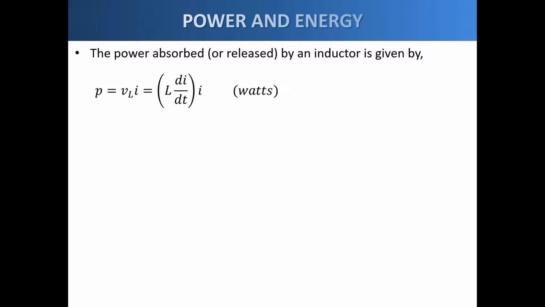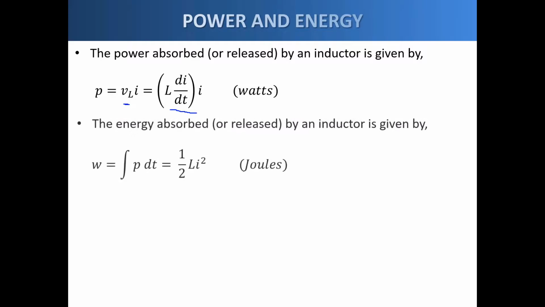So power is always VI, but we know V of the inductor to be L di/dt, so we could substitute that expression for V sub L. For the energy absorbed or released by the inductor, we could integrate the equation of power from one time instant to another. That would give us an equation which is 1/2 L i squared.